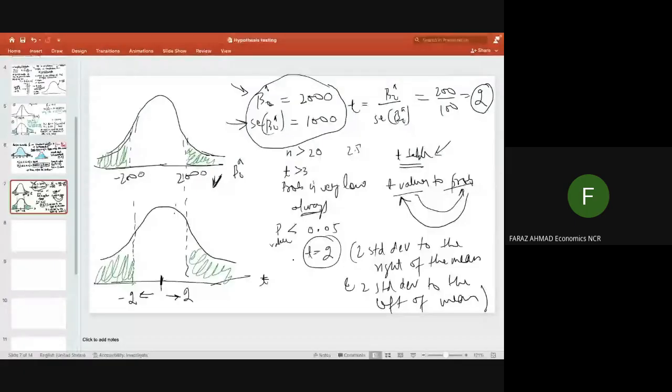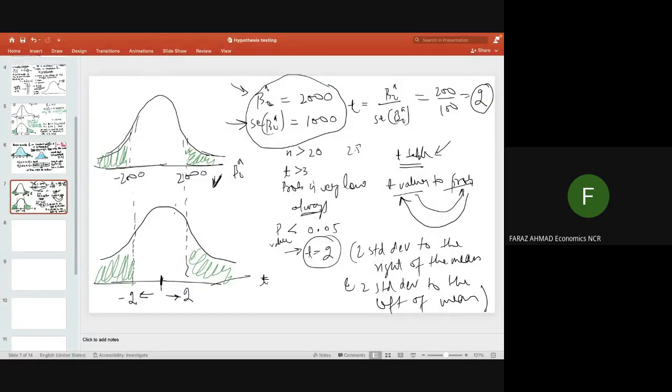So standardization helps in talking about distances from the mean to the right and to the left. How far we are going depends upon how big the t value is. And when it has a specific value like 2, we say 2 standard deviations to the right and to the left, and then we are saying what area we are referring to, the green area. So that's what standardization means, and that's why we do it.